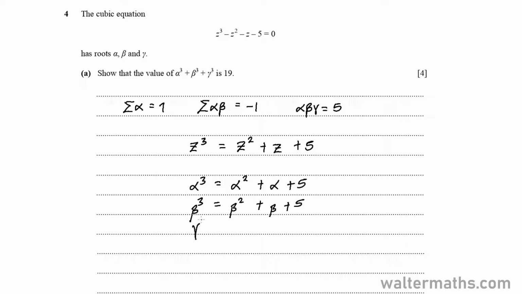And also gamma is a root, so gamma cubed is equal to gamma squared plus gamma plus 5. So we now have these 3 equations: equation 1, equation 2, and equation 3.